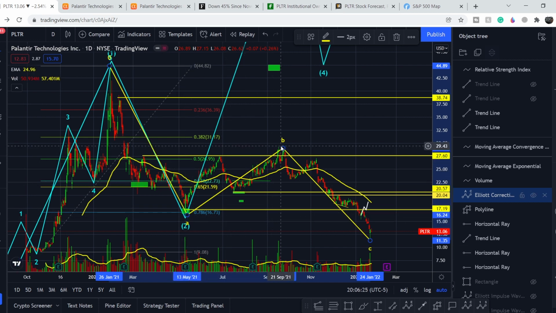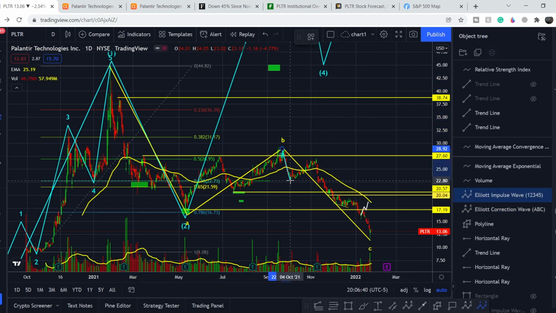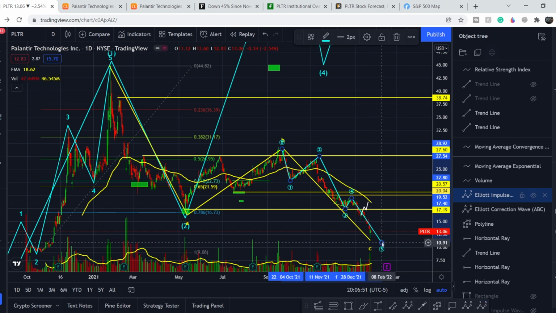We have 3 wave structure in the B wave, and it happened only in this wave. And we have to have 5 wave structure on our C wave, and technically we pretty much complete all 5 waves. If it is the case, with the very shallow 4th wave, we have this as our bottom of the 5th wave, or we might have one more small leg to the downside.